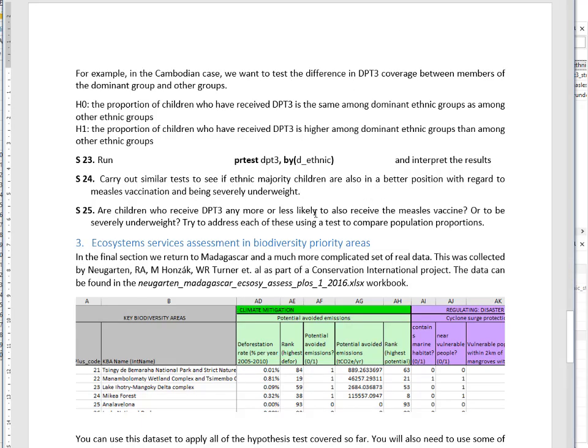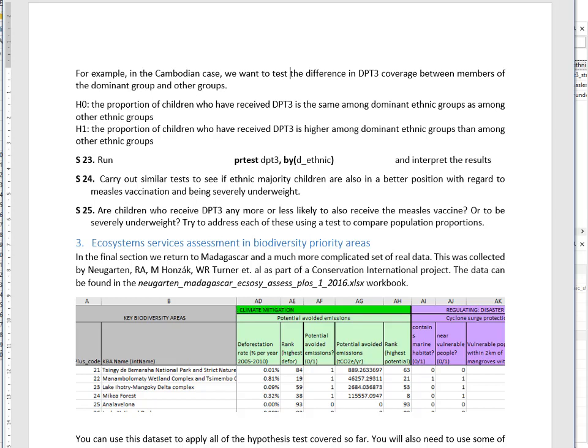And then finally it asks us, well, if we leave the ethnicity aside, is there any evidence that there's a connection between the proportion of children who have these different things? So if you've got your diphtheria, are you more or less likely to have also received the measles vaccine, or also be severely underweight? So we can look at the connection between having the two vaccinations and between each of the vaccinations and the underweight thing.